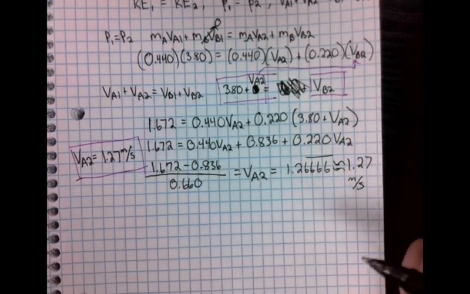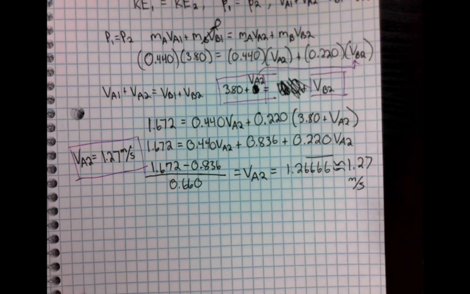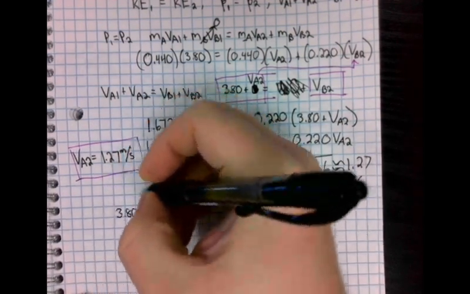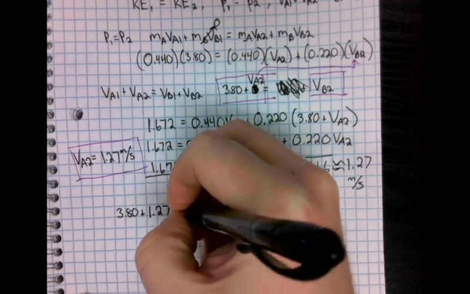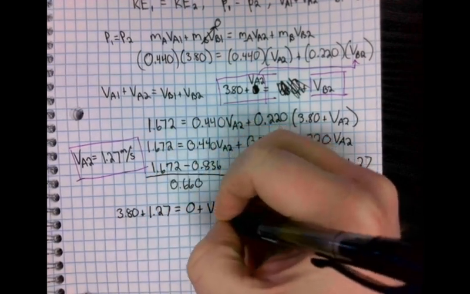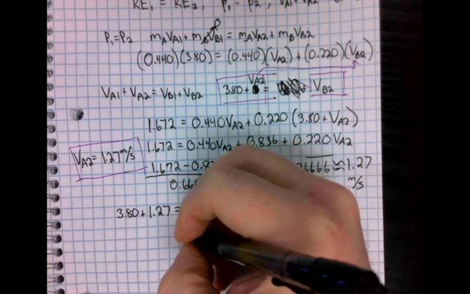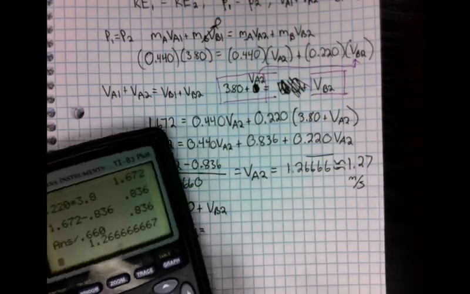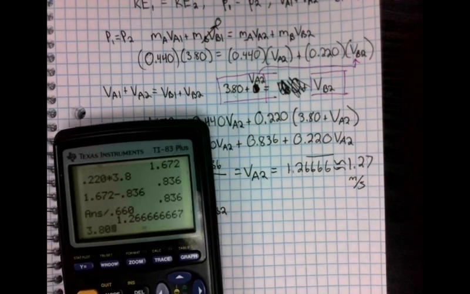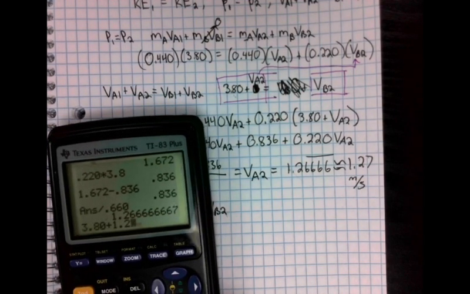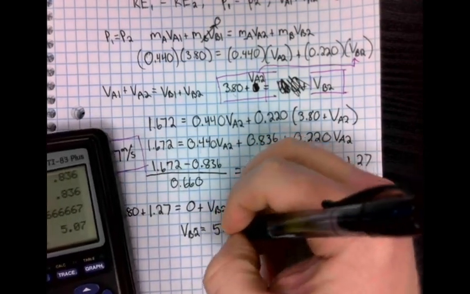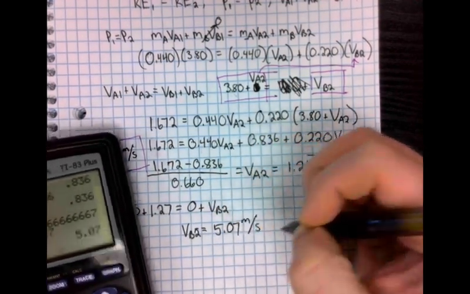So VA1, we had 3.80 plus VA2, we now know is 1.27 equals 0 plus whatever VB2 is. VB2 is just going to be equal to 3.80 plus 1.27, which as I'm typing in, I realize I could have done it in my head, 5.07 meters per second.